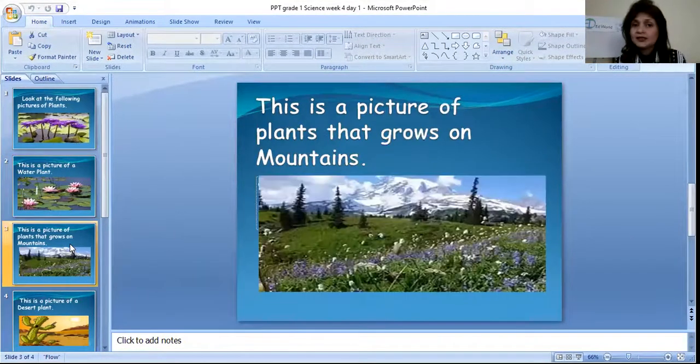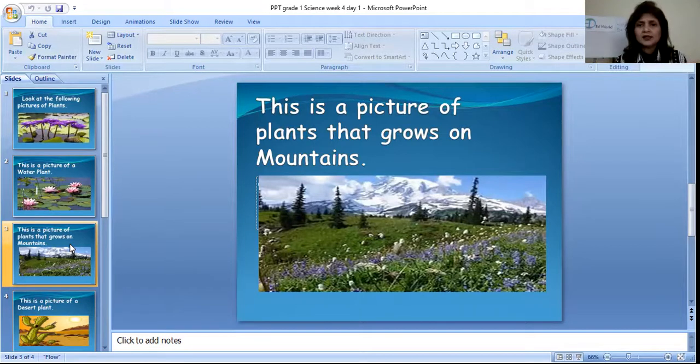Okay, now look at this picture. This is a picture of plants that grow on mountains, right? There are several plants. When you go to the mountain area, you will see lots of plants growing there, right? They live in mountain areas because these are plants that live in cold places.